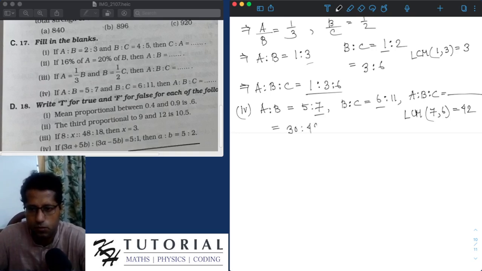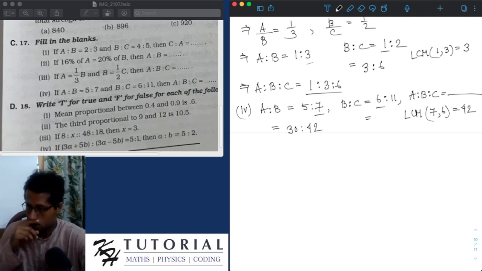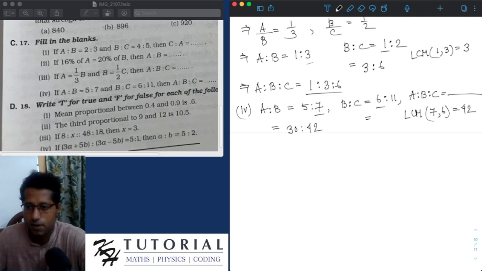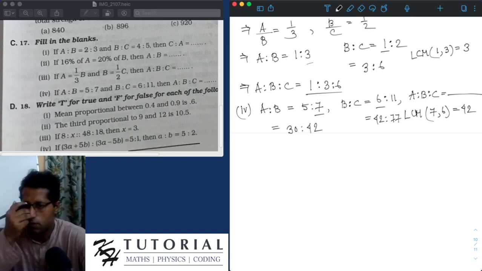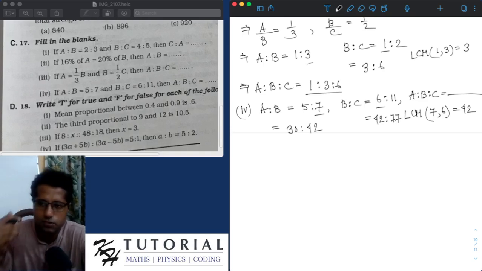This becomes 30 is to 42. And B is to C, to convert this ratio into an equivalent ratio so that the first term becomes 42, we have to multiply both the terms with 7. So this becomes 42 is to 77. So now we have A is to B equals 30 is to 42 and B is to C equals 42 is to 77.